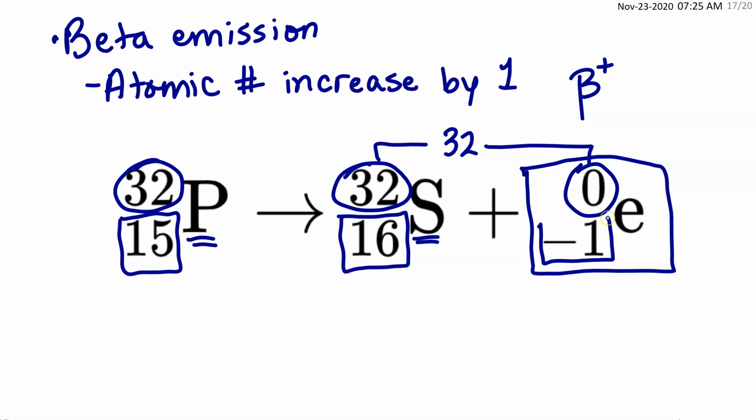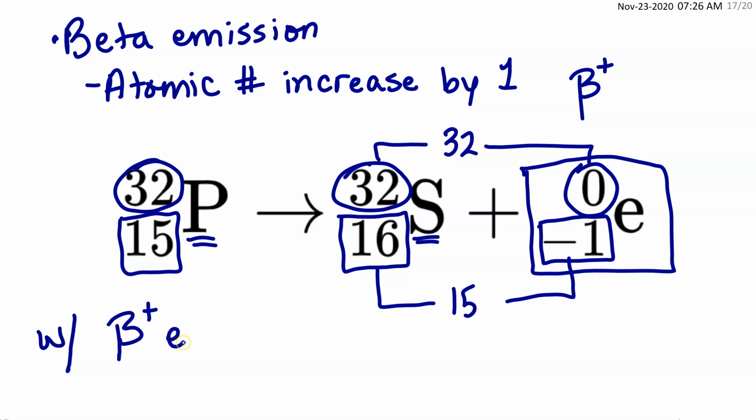So they still, however, add up to 15. This is where it gets confusing. A beta particle has a negative mass because what's happening is a neutron is turning into a proton. So with beta emission, a proton, I'm sorry, I lied.